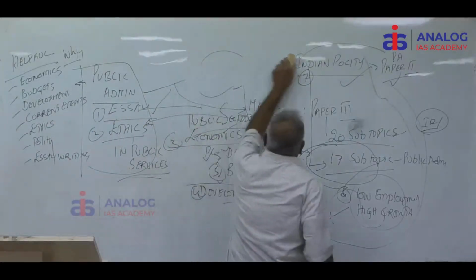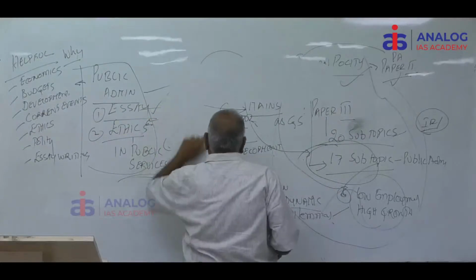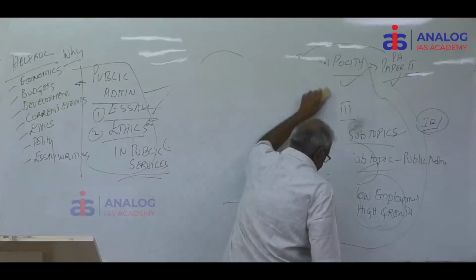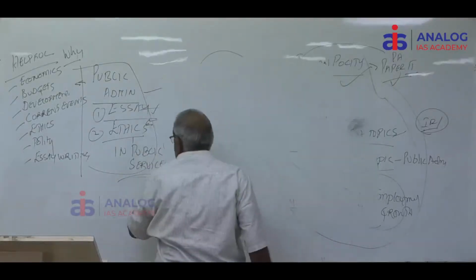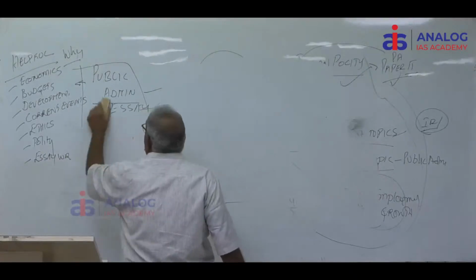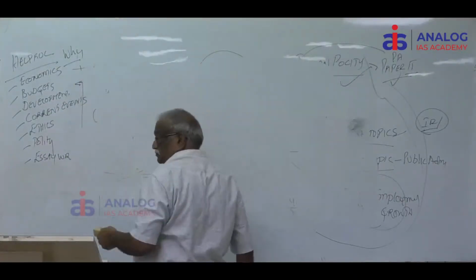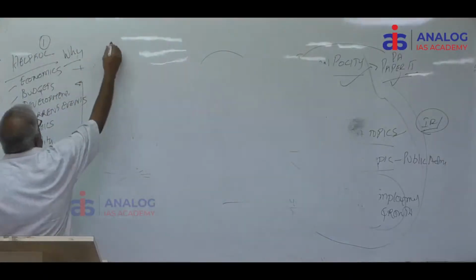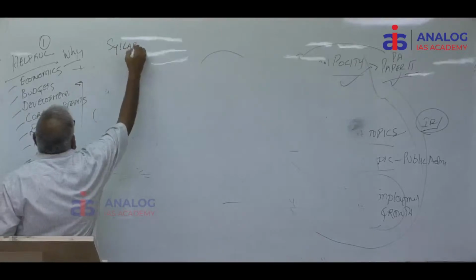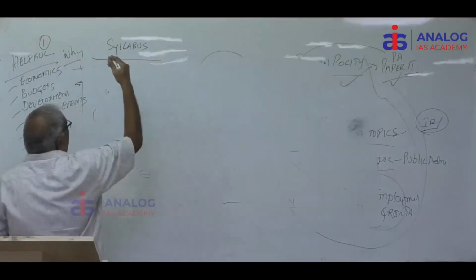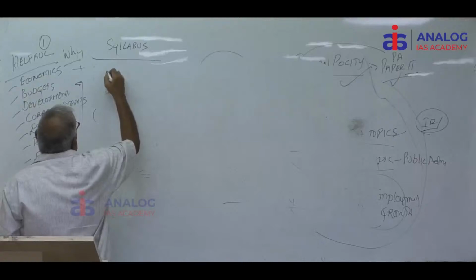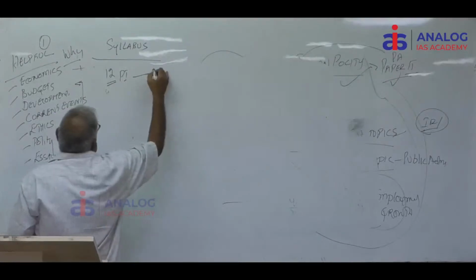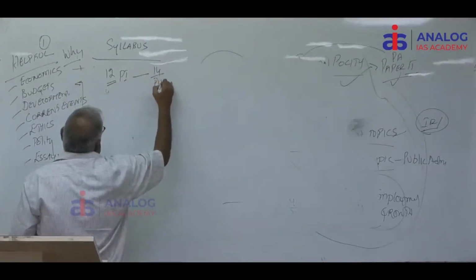The second thing about public administration is its syllabus. If you generally look at the syllabus, you will find that there are about 12 topics in paper 1 and about 13 or 14 topics in paper 2.